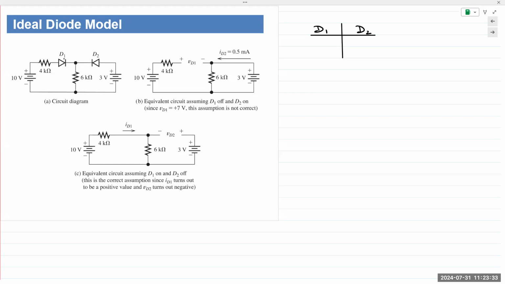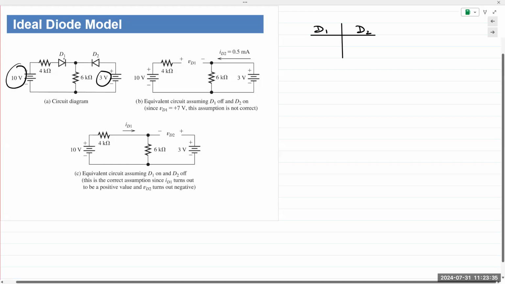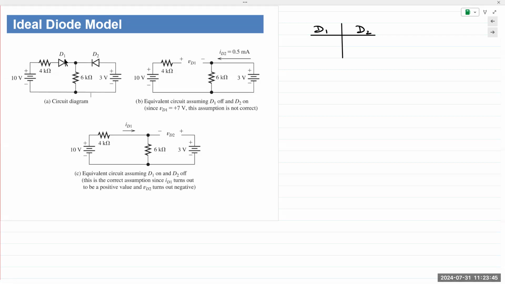But if I see 10 volts on the left and I see 3 volts on the right, my assumption automatically would be that D1 should be on and D2 should be off. Take a pause, think over that statement. Does that logic make sense?